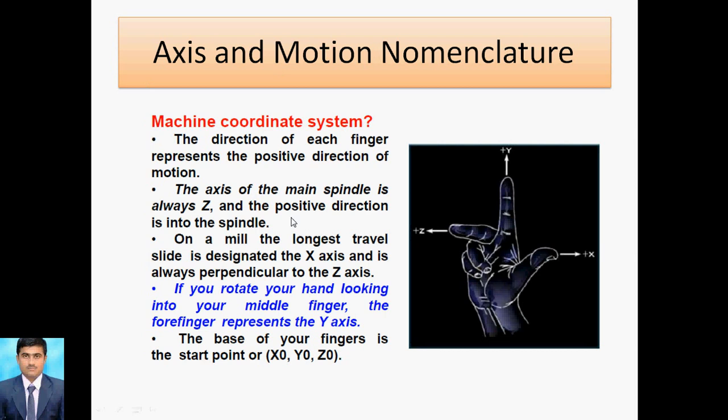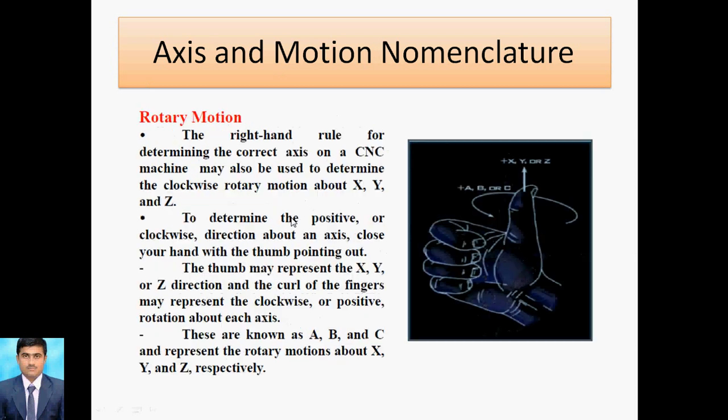Now we move to the next thing, the axis motion nomenclature for rotary motions. Here the right hand rule is used to determine the correct axis on a CNC machine. It can be determined in a clockwise direction, that is x, y, and z. To determine the positive or clockwise direction about an axis, close your hand with the thumb pointing along the axis. So this is regarding the rotary motion.